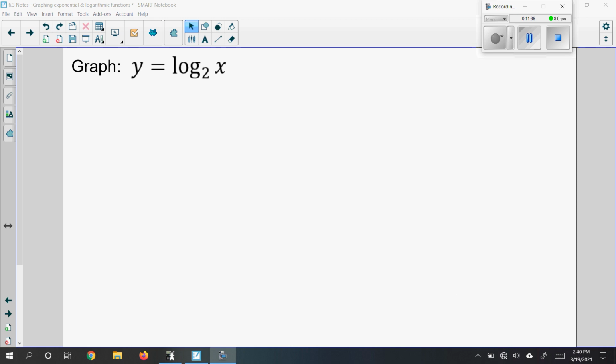Now let's try graphing the log function. So y equals log base 2 of x. There are no transformations here, so we're just going to graph the parent function, which is log base 2 of x. So we'll start out by making our parent table.